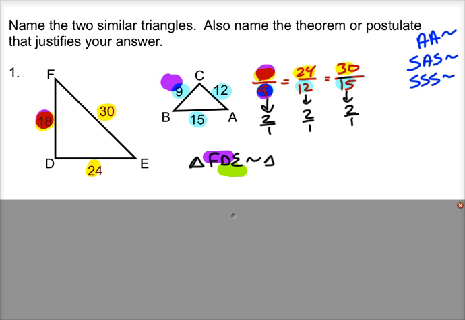DE was 24, which matched up with the 12, and 12 was coming over here. So if I match this up in the same fashion, it's going to be B, C, and then A. So I have my triangles in the same naming order, and this all happened by side similarity.